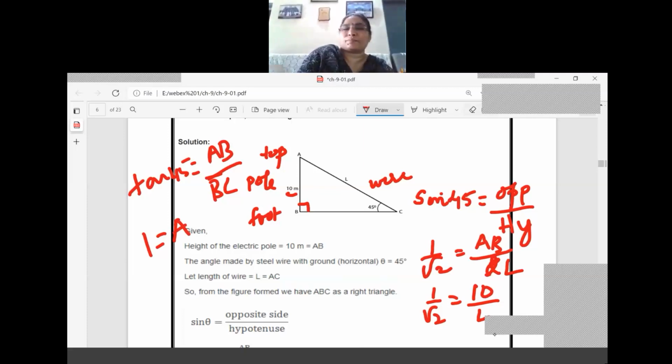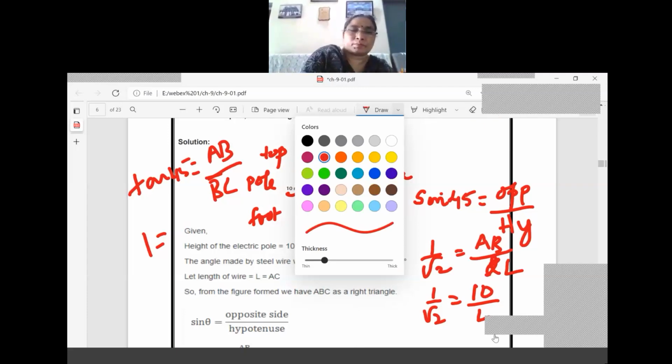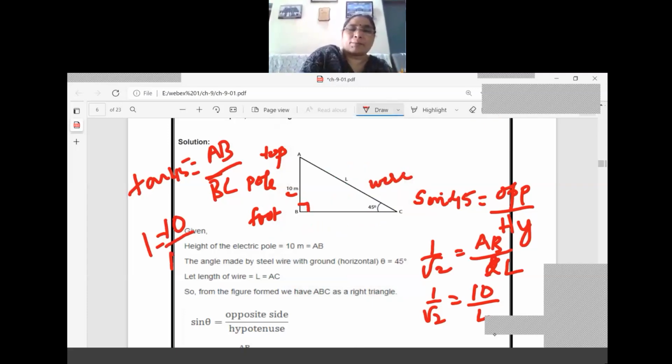So 1 equals 10 divided by BC. Right? So you will get the answer BC equals 10. So now we will not get the length of the wire by using tan 45. There is nothing wrong in this one. After getting BC also, we can go for AC. We can use the cos 45 also.